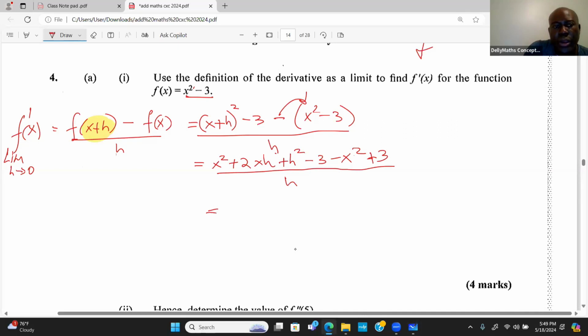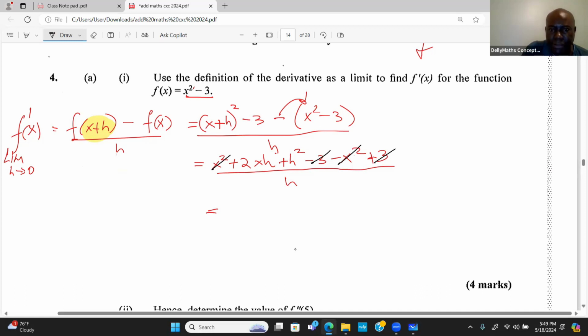When we do this, we're looking for things that will be canceling now, as you know. For example, you could see x squared cancels negative x squared. We are looking for negative 3, positive 3. And so you're seeing those going.